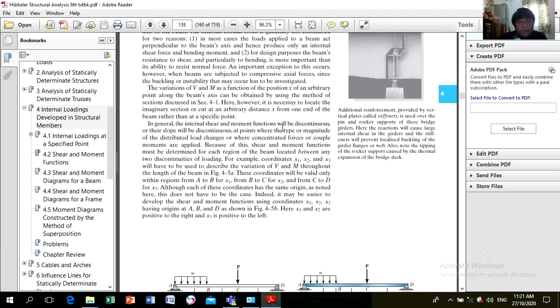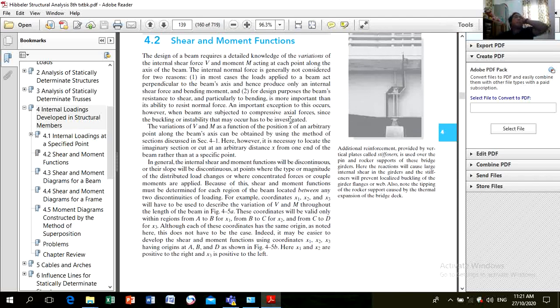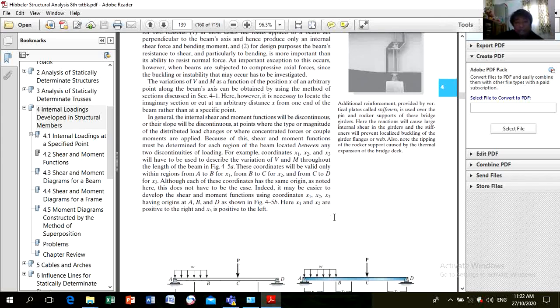So for the shear and moment function, what we will expect here is we will create a shear and moment function at each member for varying loadings. If there is no varying loading, we can have only one shear and one moment equation or function.